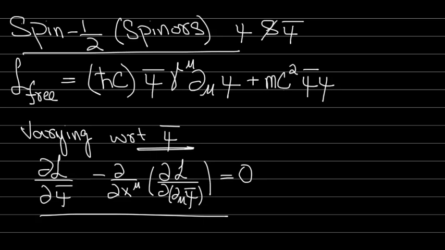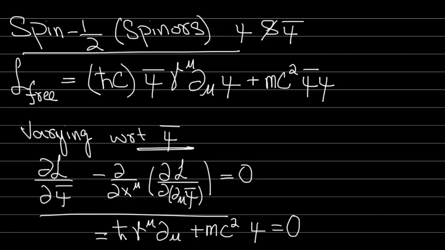Okay, and if you solve this equation, I'm not going to do it now, it would be a good exercise for you to do it and show that this gives you h bar gamma mu partial mu plus mc squared psi is equal to 0.